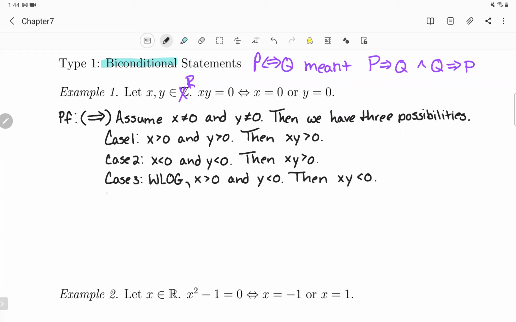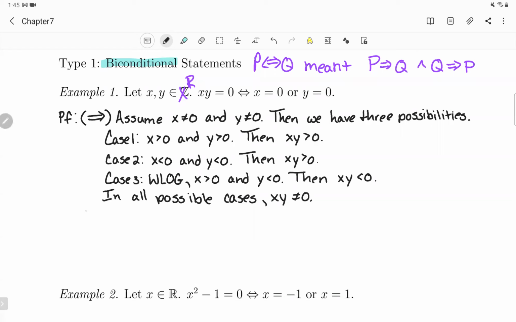So in all possible cases, XY does not equal 0. So we proved one direction by contrapositive. That's the forward direction proven by contrapositive.